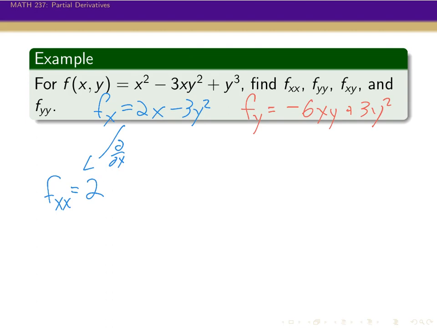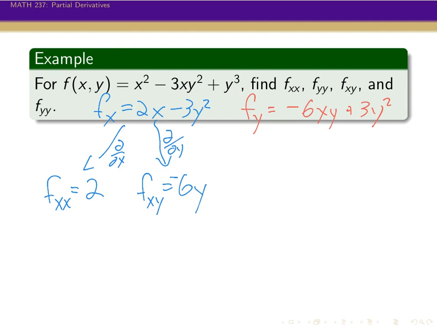So the second partial in terms of x is just 2. And then I could do the partial in terms of y, and that's going to give me f_xy. The 2x is a constant, so that goes to 0, and then I'm taking the derivative of minus 3y squared. I get minus 6y.